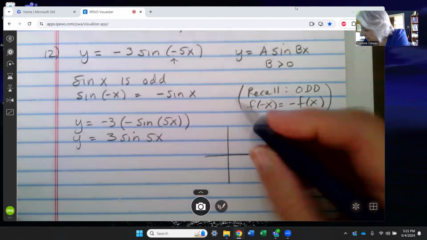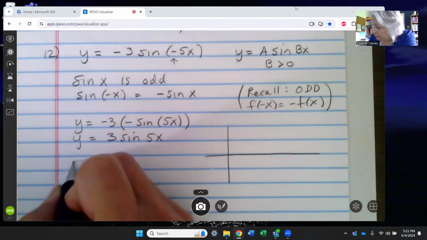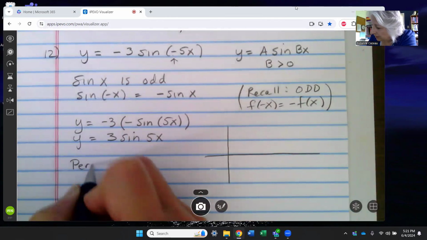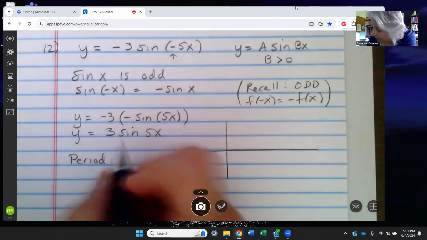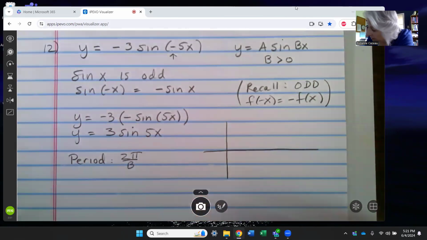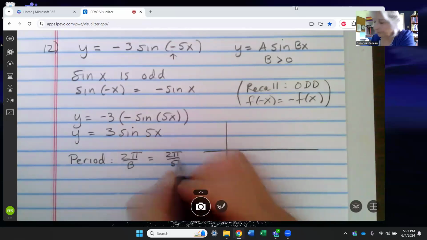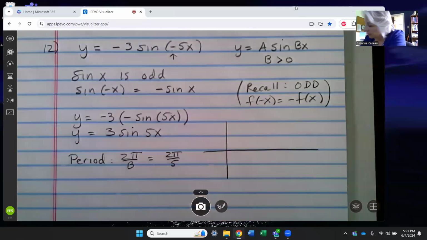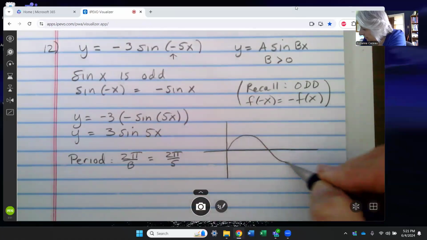But now I know I have a positive sine going on. The other thing is the period now is 2 pi over b. In this case, b is 5, so 2 pi over 5. So I know I got a positive sine, so I'm going to wiggle like this.